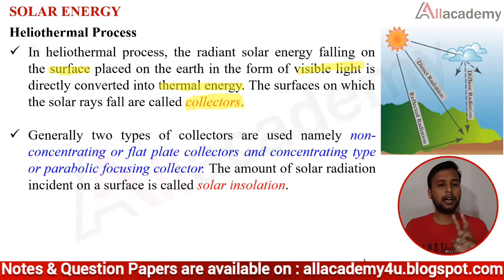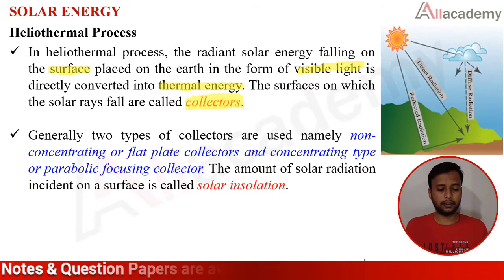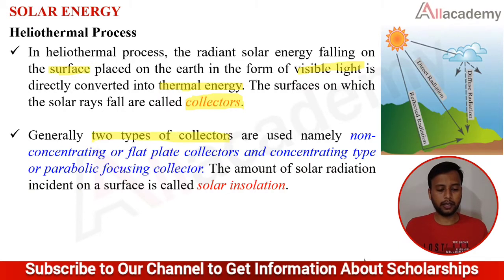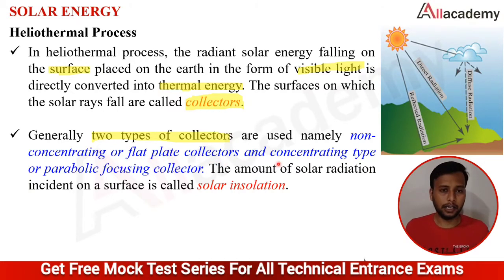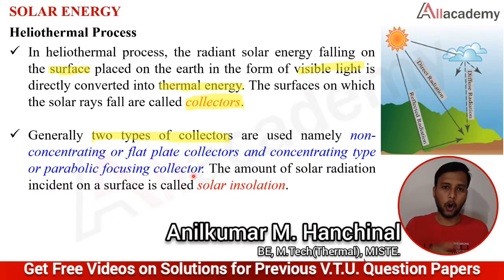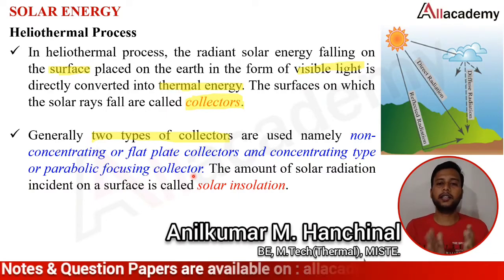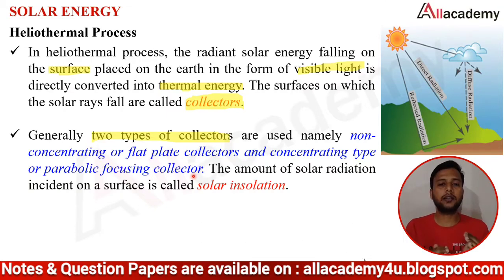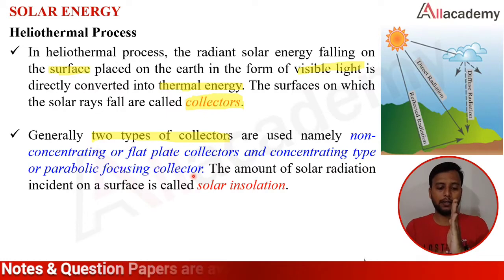Now generally there are two types of collectors. One is a non-concentrating or flat plate collector, and another one is a concentrating type or parabolic focusing collector. Non-concentrating means it should be flat.